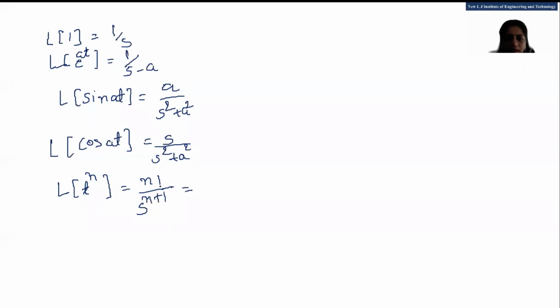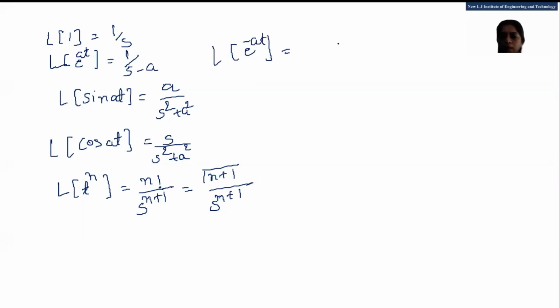And if n is a fraction, then gamma n plus 1 upon s raised to n plus 1. Okay. Now, what about the Laplace of e raised to minus at?